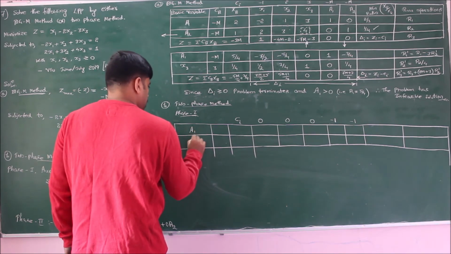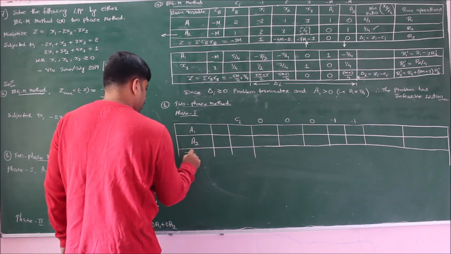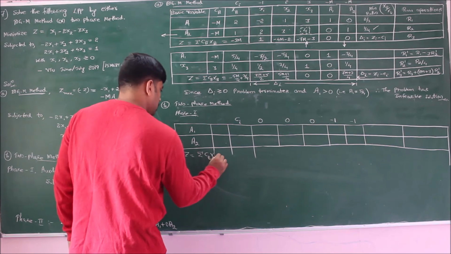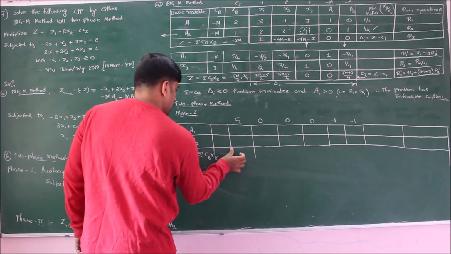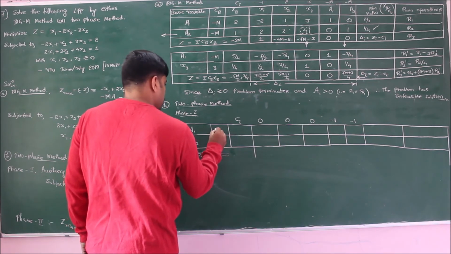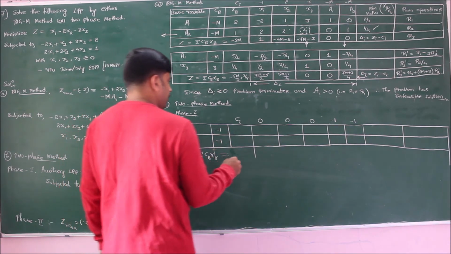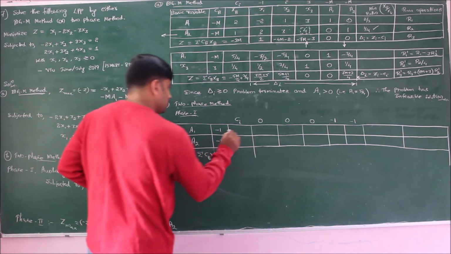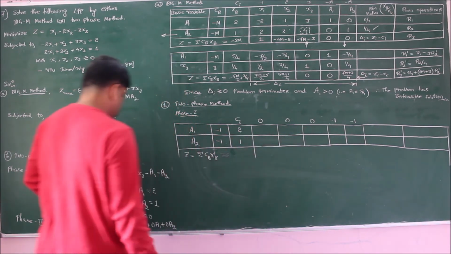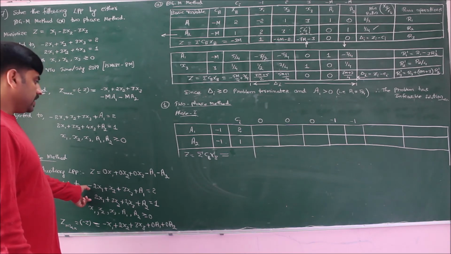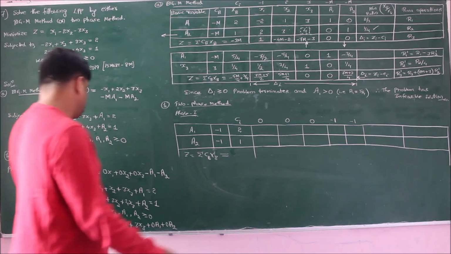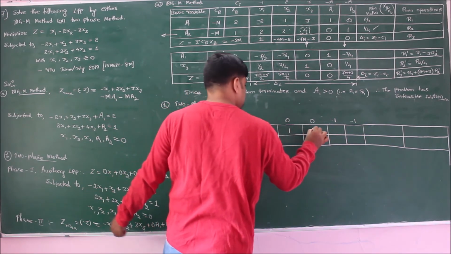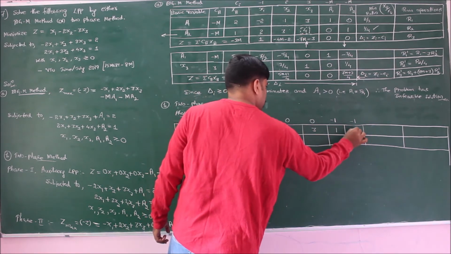So we have the artificial variables a1 and a2. We should find the value of z by taking summation of cb into xb, and the coefficients of a1 and a2 are minus 1 and minus 1. xp is the RHS of this equation where we have 2 and 1, and the coefficients from the set of linear equations are: for x1 we have minus 2, for x2 we have plus 1, for x3 it is 3, for a1 it is 1, for a2 it is 0.